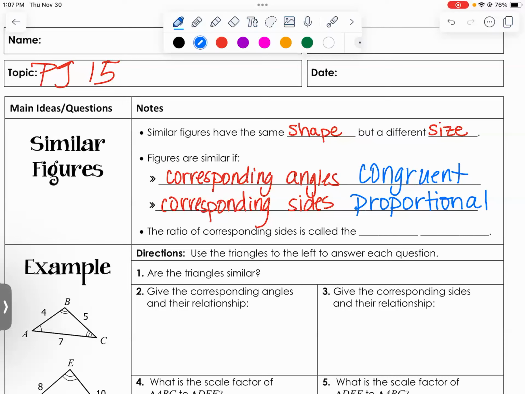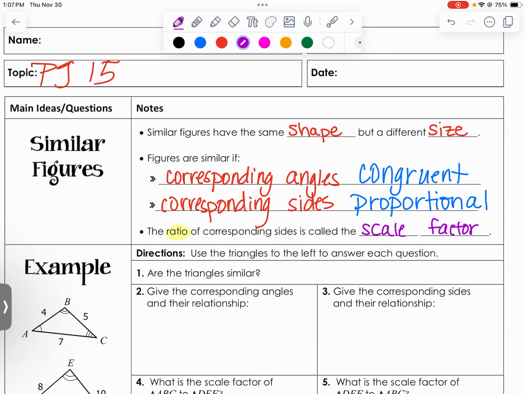So let me tell you this. Because our corresponding sides are proportional, then we have a ratio of our corresponding sides that we call the scale factor. Which means there's a number we can multiply by to get all of the other sides.